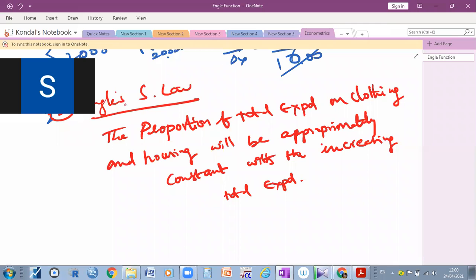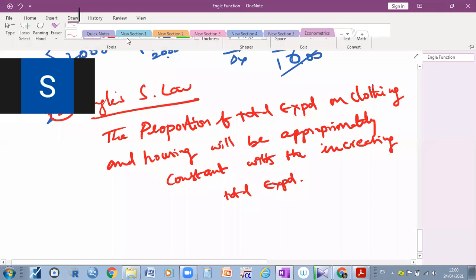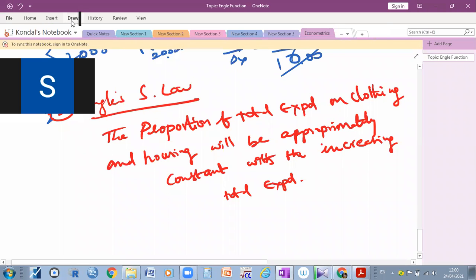See, as per the second law, the proportion of total expenditure on clothing and housing will be approximately constant with increasing total expenditure. For example, when we are spending some amount of money, we will spend some amount on clothing as well as housing.